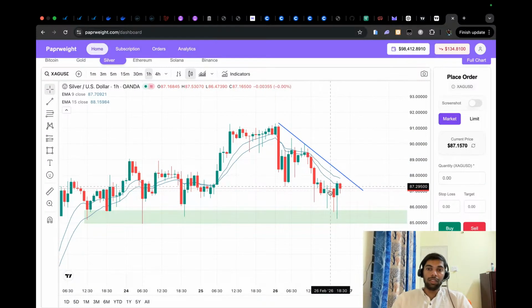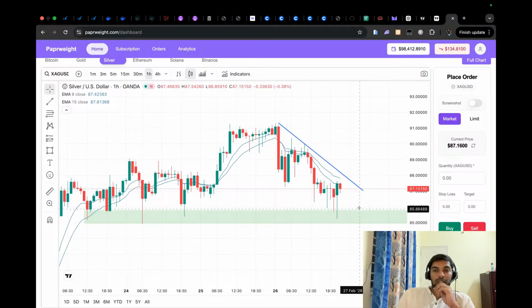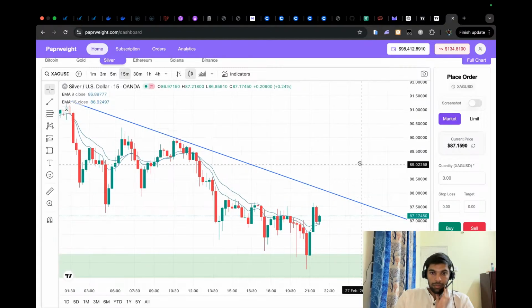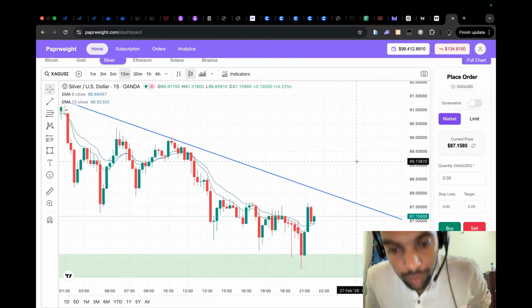So we have to consider this rejection as well. But if there is a strong buying momentum from here, then it can make another attempt to test this rejection, to test this sellers' phase. So let's see how it will act.